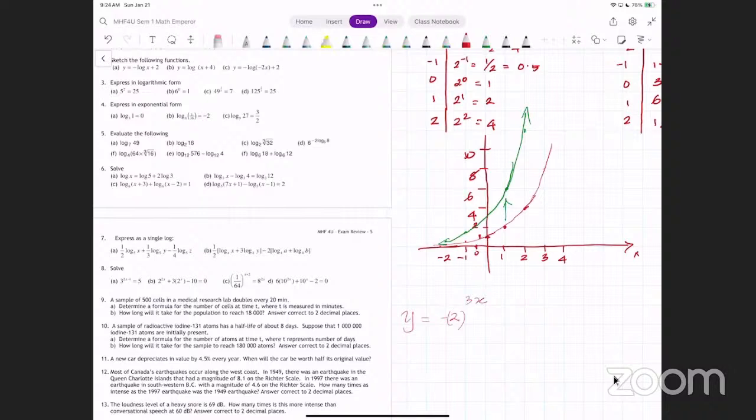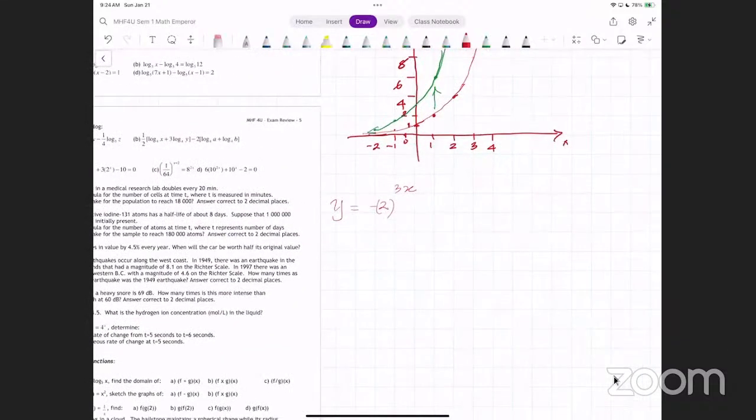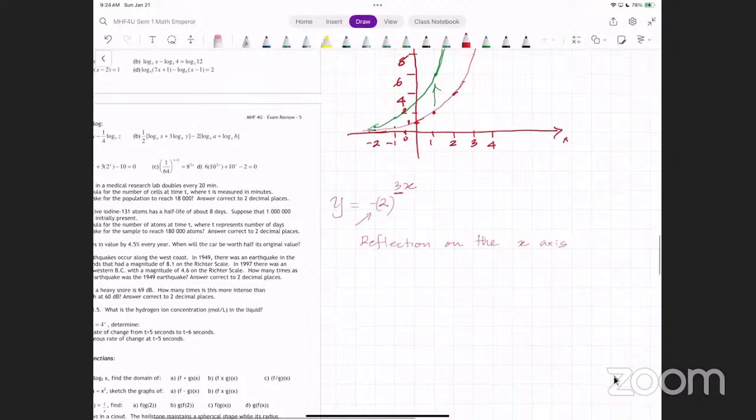It's very important to understand the transformation. So there's a minus here. This stands for the reflection, or we're going to say reflection on the x-axis. Reflection on the x-axis.